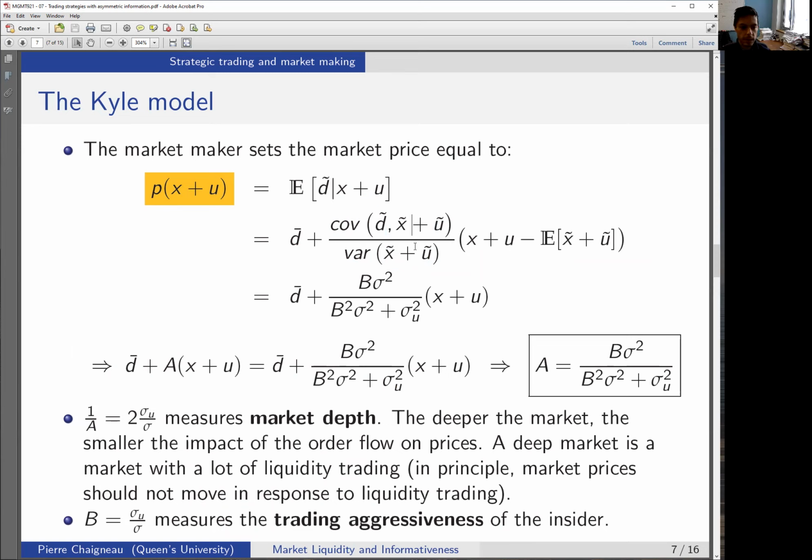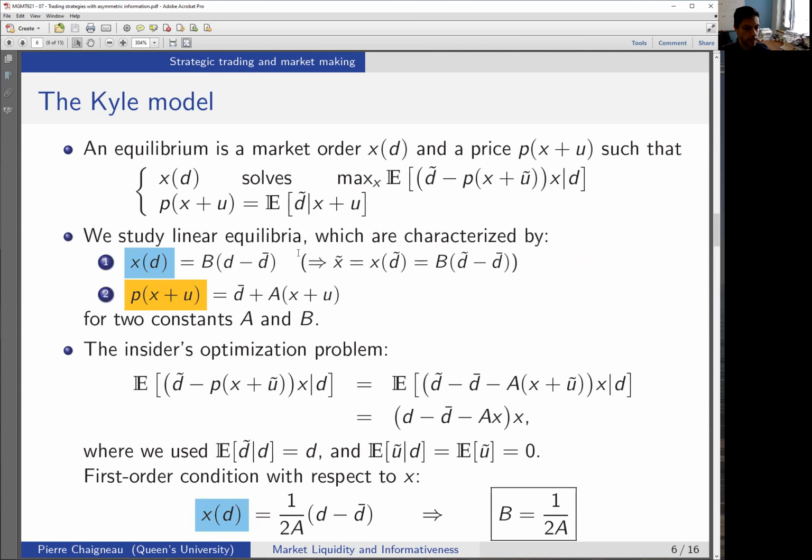But what is this equal to, right? That's when it's useful to use this expression for the demand of the insider. And we know that in covariances, we need to use unconditional expectation. So X tilde, what is X tilde? It's X of D tilde, which using this equation here is equal to that. Okay, so when we throw this whole thing in a covariance term, we have B, which is a constant, D bar, which is a constant. So the only thing that remains is capital B times D tilde.